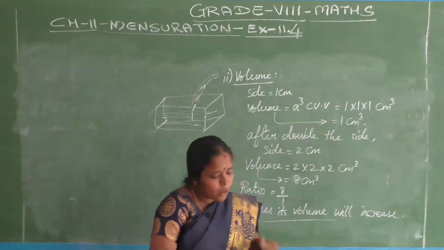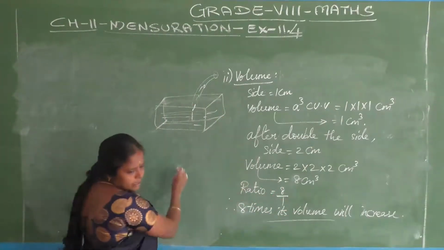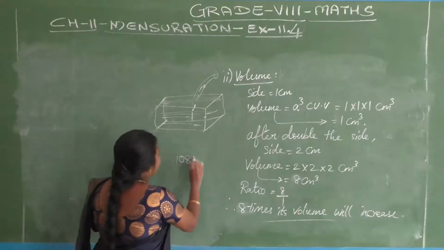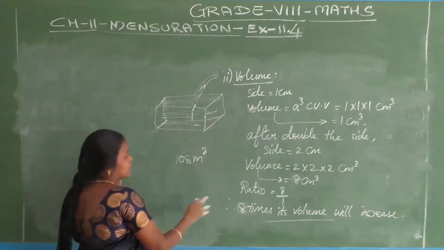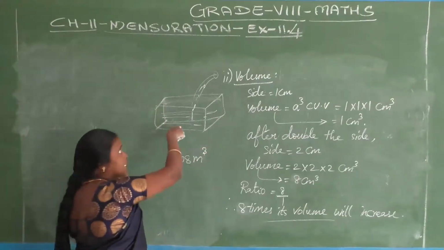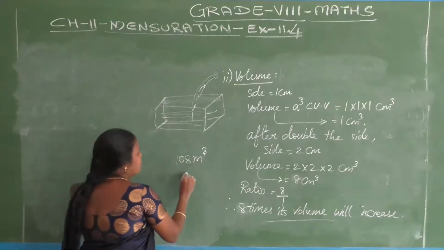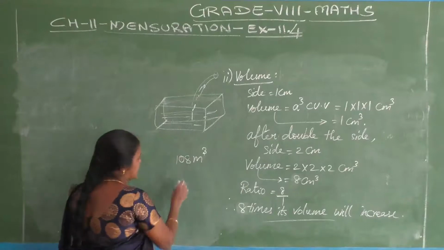The capacity of the cuboidal reservoir is 108 meter cube. The whole capacity of the cuboidal reservoir is 108 meter cube. The water is pouring into it at the rate of 60 liters per minute.